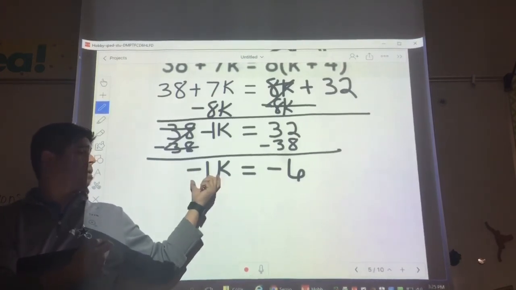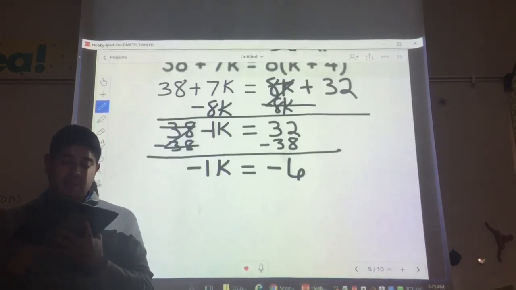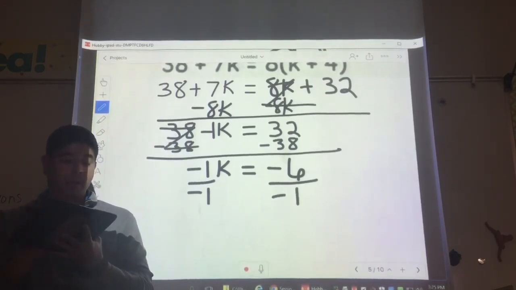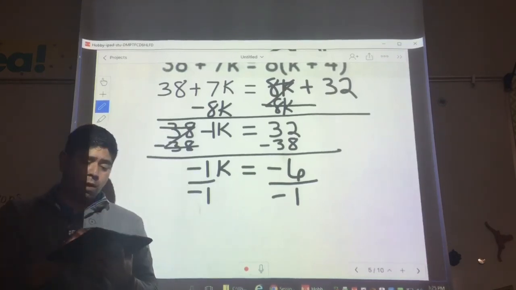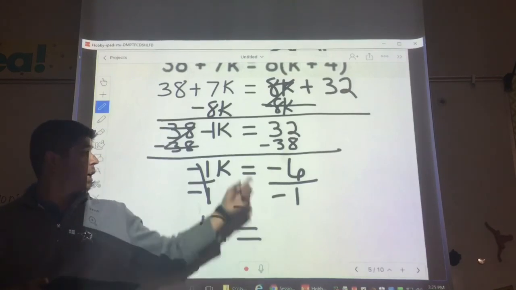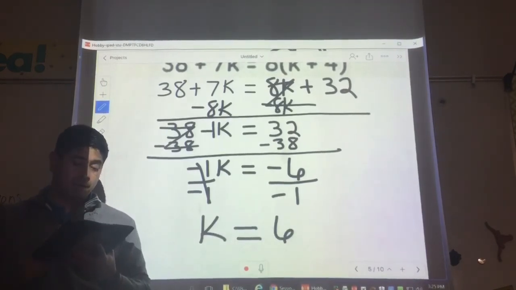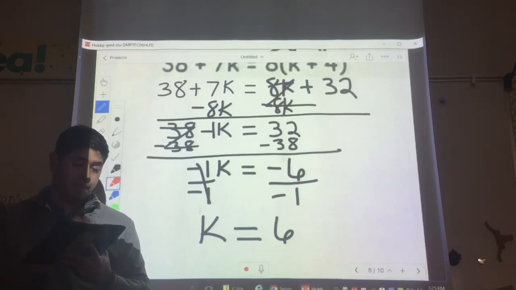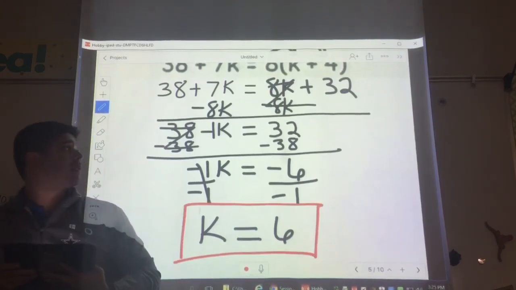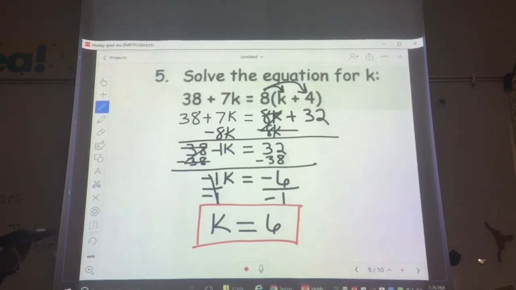But in this case, we're going to divide by negative 1 because it does have a negative attached to it. So divide by negative 1, divide by negative 1. This is going to make 1. And we have k equals negative 6 divided by negative 1, which is a positive 6. So k equals 6. That's the answer to number 5, solving for that equation.